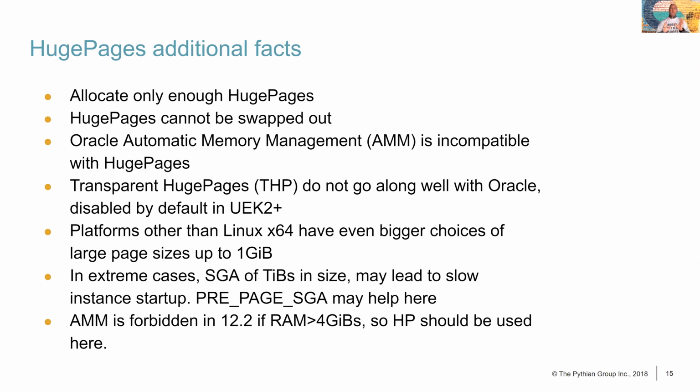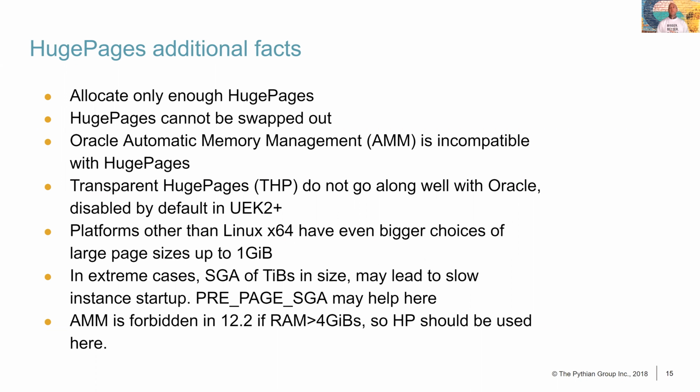And particularly for SGAs, if we have a 16 gigabyte machine and we allocate 16 gigs of HugePages, there won't be any room left for the OS itself, which is a particular problem.